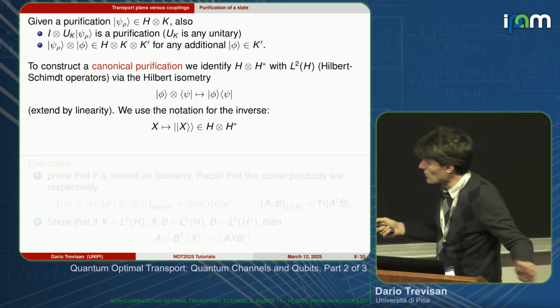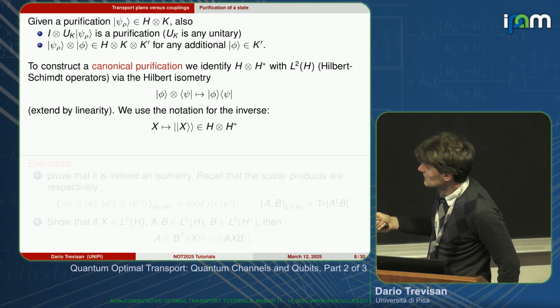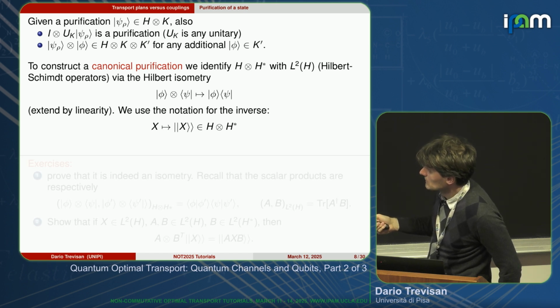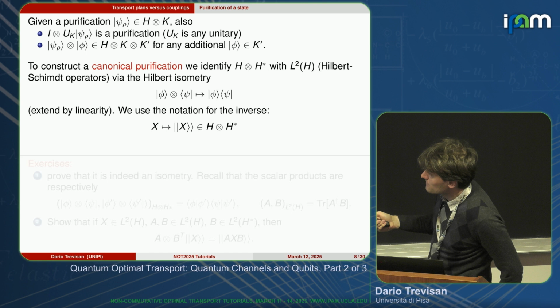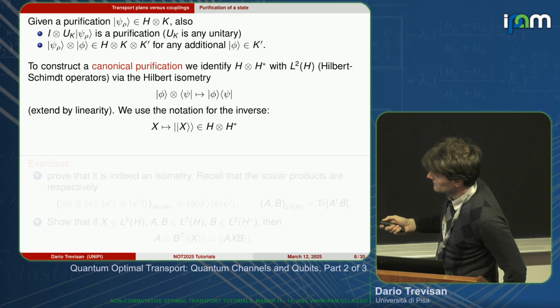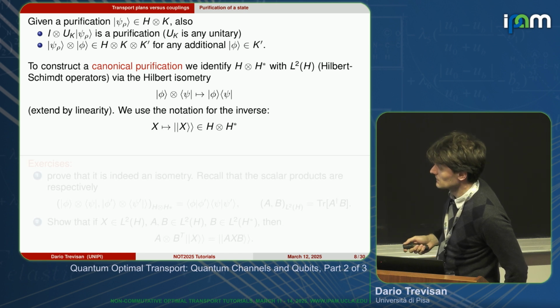Because if you have an element, say ket phi in H tensor product bra psi, you can map it to this projection operator where you take any other vector v, do the scalar product with psi, and then multiply this complex number with the vector phi.